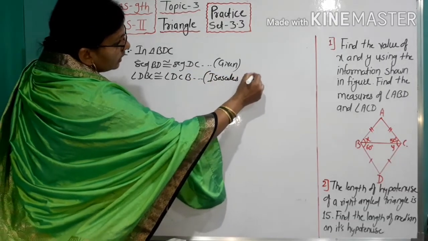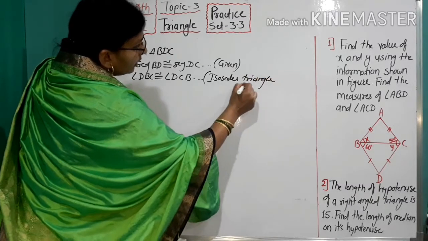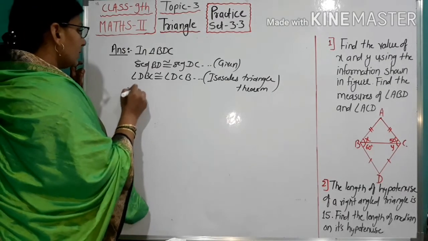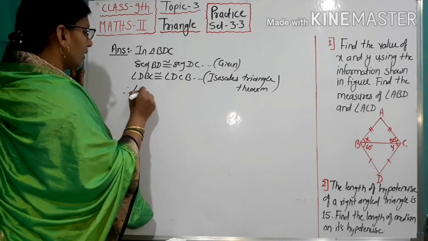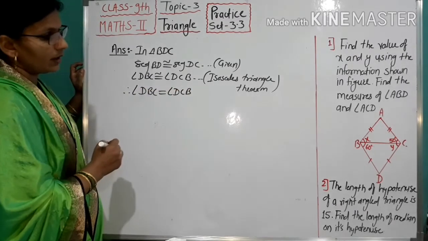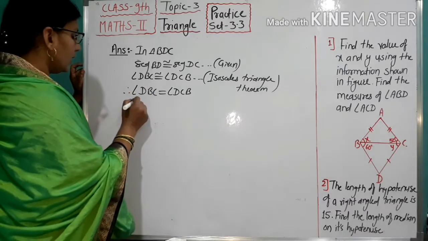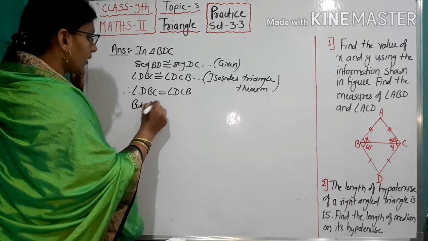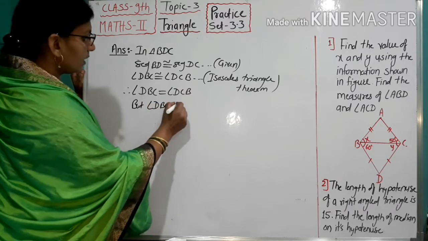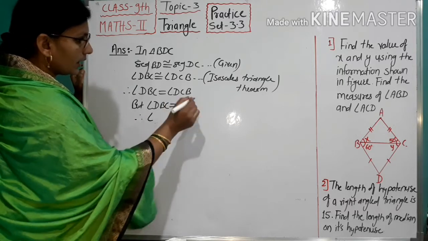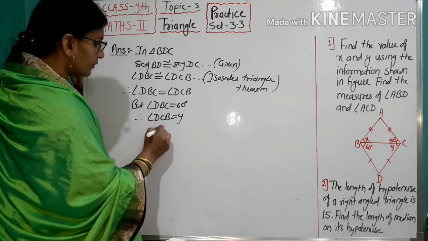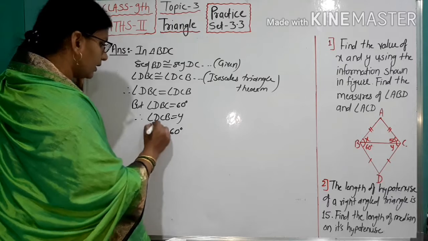Therefore, angle DBC equals angle DCB. But angle DBC is given as 60 degrees. Therefore, angle DCB equals y, and therefore y equals 60 degrees.